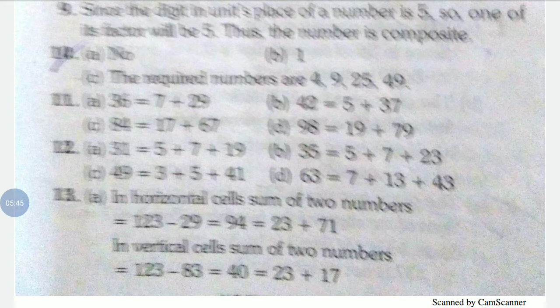we will first try to find the remaining numbers. So 123 minus 29, because the addition should be 123. So 123 minus 29 will be 94, and you have to find the numbers whose sum in the horizontal cells is 123.